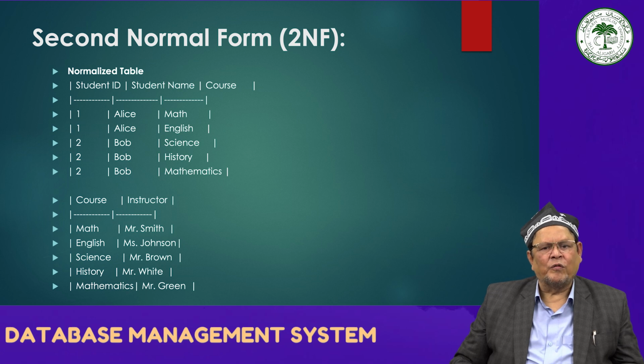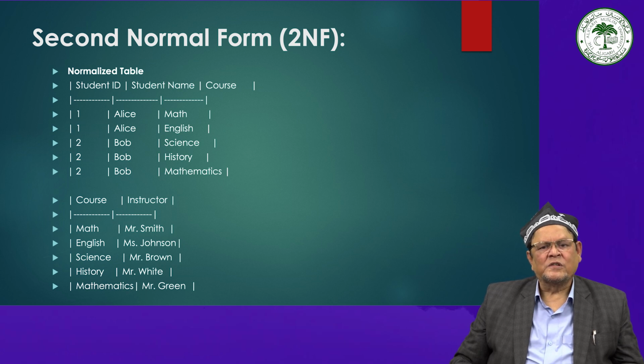Moving to second normal form, this form builds upon first normal form by ensuring that all non-key attributes are fully functionally dependent on the entire primary key. Let's expand our example to include the instructor for each course.